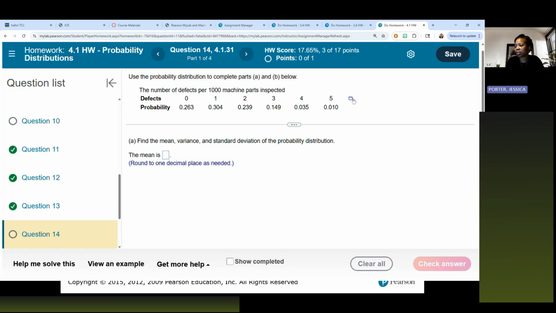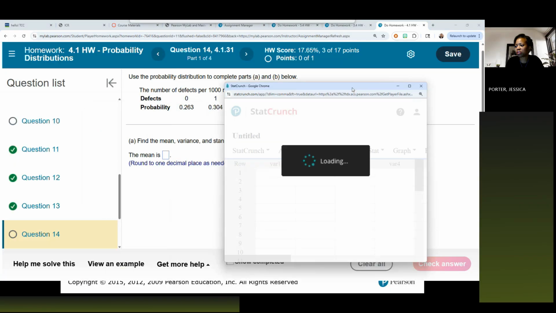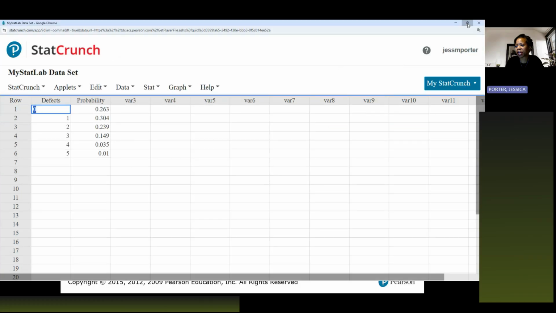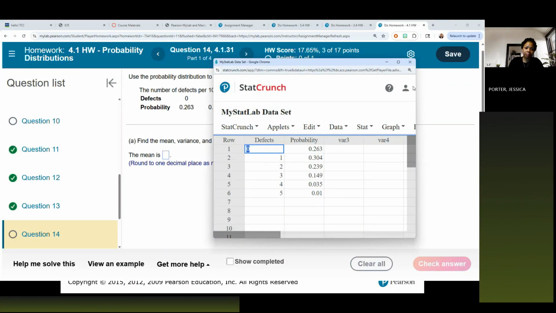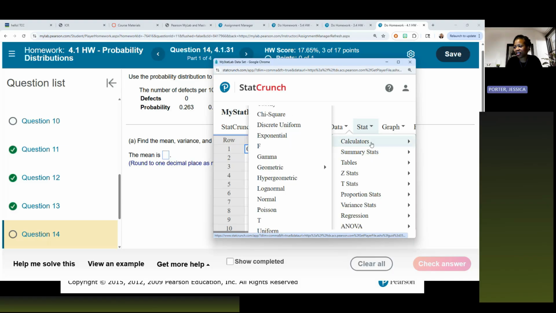So let's try it with question 14. Again, open in StatCrunch. Let's see if you remember. What's my next step? Where do I go from here to get the mean and standard deviation of this? Stat. Yeah. Calculators.